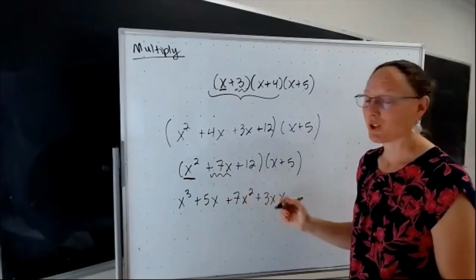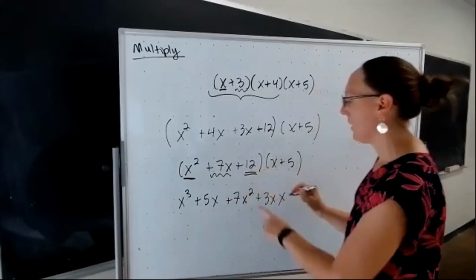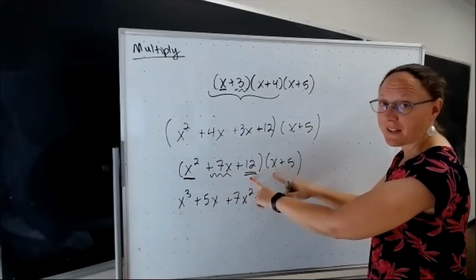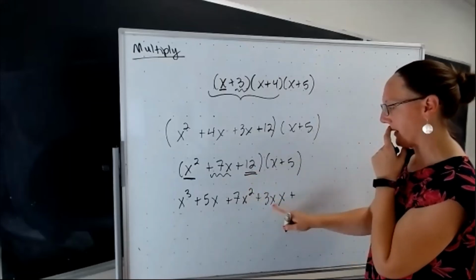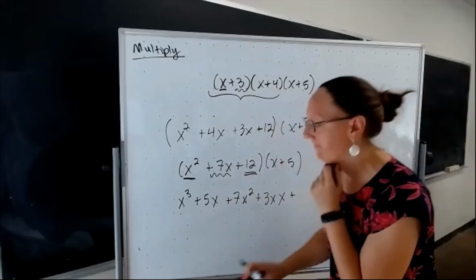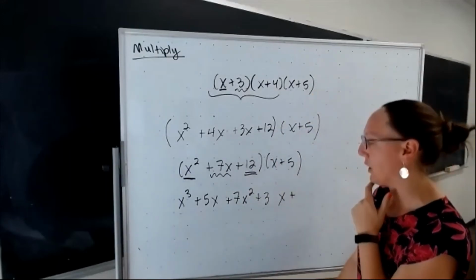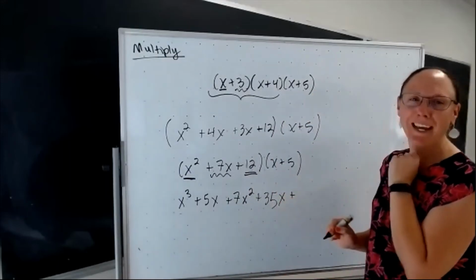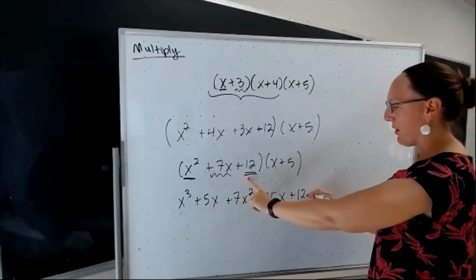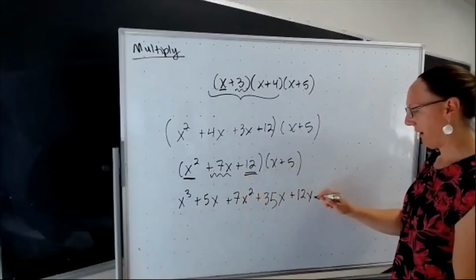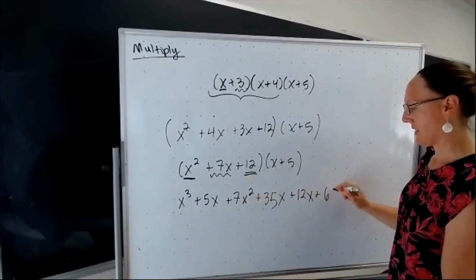And my last term, the 12 times x is going to give me, I did something weird here. It's supposed to be 35x. Thank you. So 12 times x is going to give me 12x, and then 12 times 5 is 60.